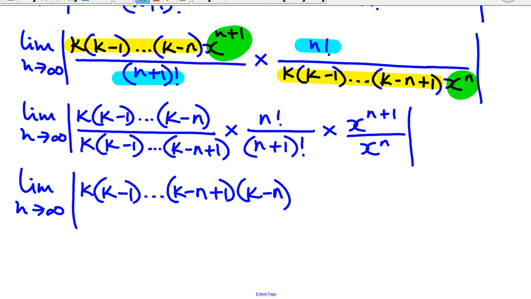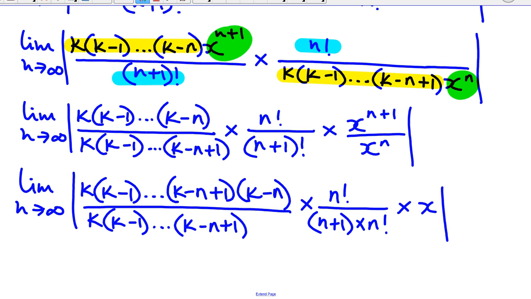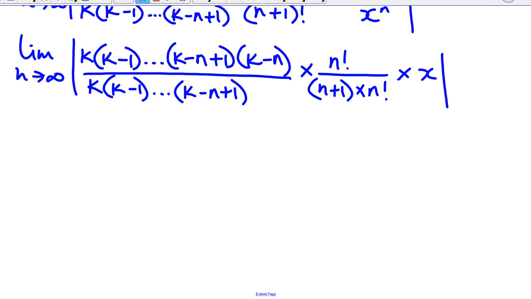That is over k into k minus 1 up to k minus n plus 1, multiplied by n factorial over n plus 1 multiplied by n factorial. In this case, you can just simplify using indices, so that is just x. We can carry on.